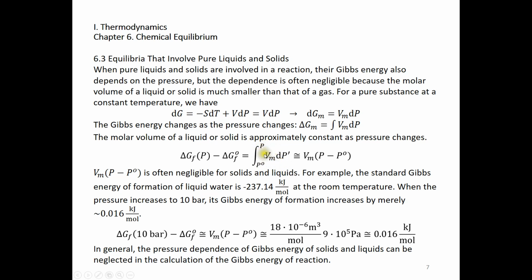And now we can take this constant out of the integral. We have this equation. So the Gibbs energy of formation under pressure P minus the standard Gibbs energy of formation is approximately equal to the molar volume of this liquid or solid multiplied by the pressure difference.